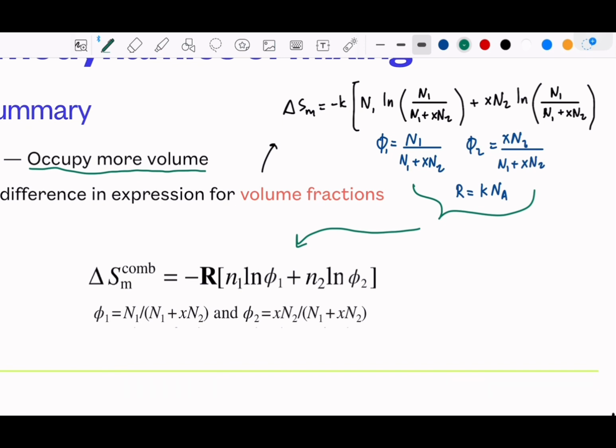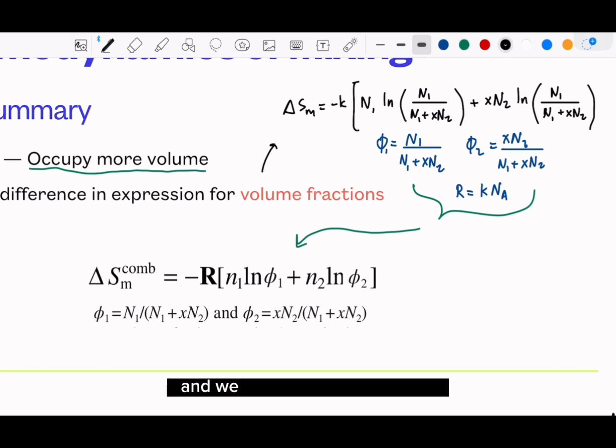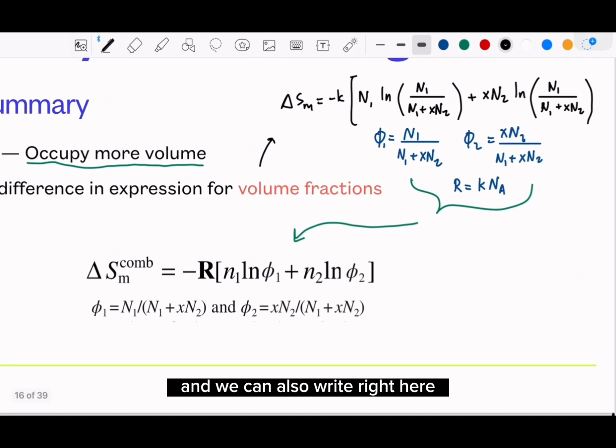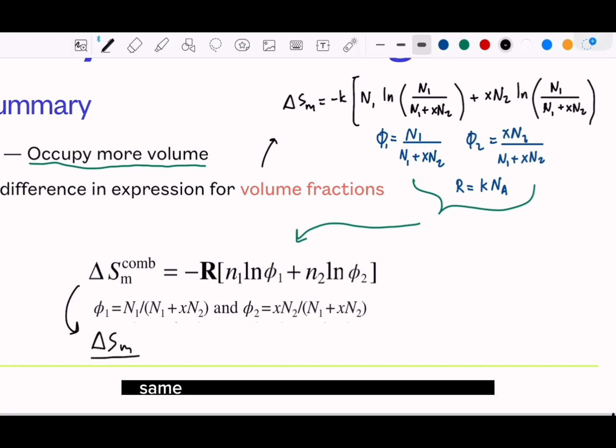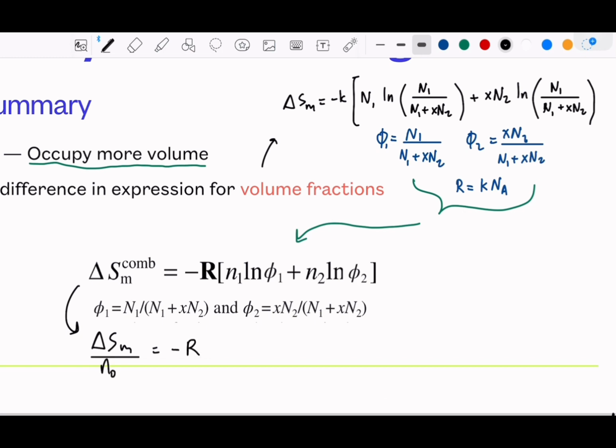Okay. So we have this, and we can also write right here. We can divide by the same, similar to what we had before, with N0, and we can write pretty similar, and divide by x.